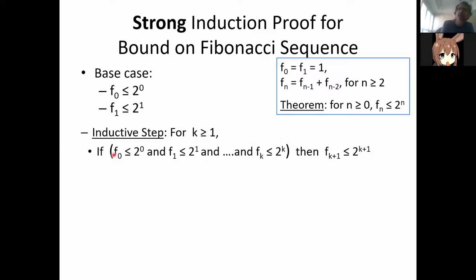Now I'm going to assume all. Under such strengthened, modified inductive hypotheses, I will now prove that the predicate holds about the next index, k plus 1. So it's this part that is modified in the case of strong induction.